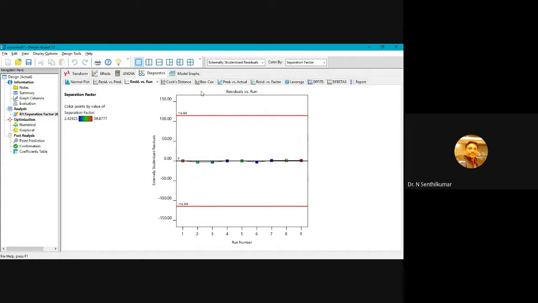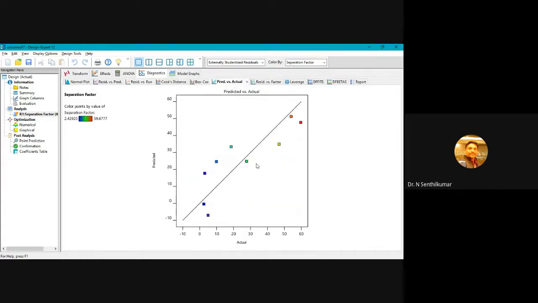Then predicted versus actual, you can see it is not at all good. The actual and the predicted are scattered and not lying on the 45-degree straight line. The predicted points and the actual experiment points do not agree with each other.